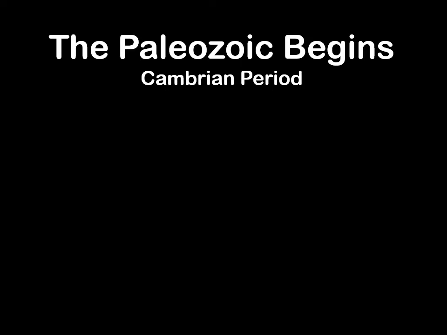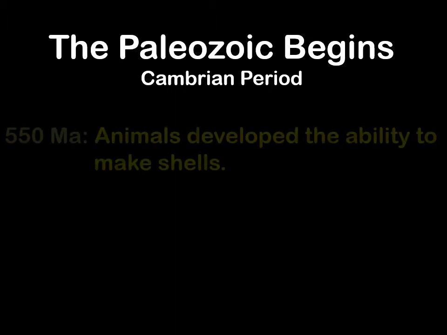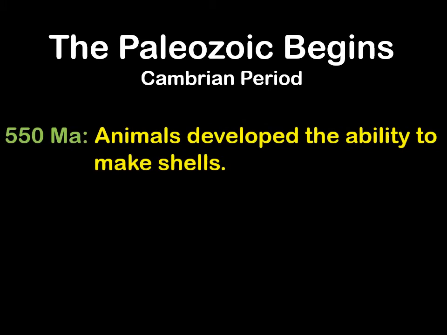And this is really where we start drawing the boundary, or shortly after this, for the beginning of the Paleozoic Era, starting with the Cambrian period. Okay. About 550 million years ago, we have our first fossils, representations of our first organisms that show the ability to make shells or mineralized hard parts. Now let's think about what this requires.